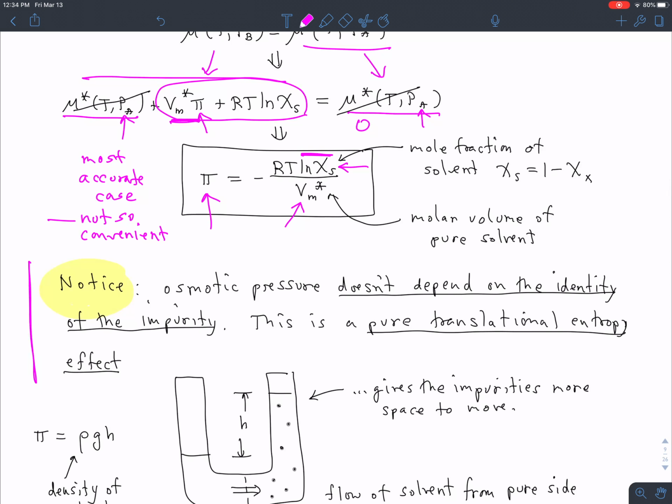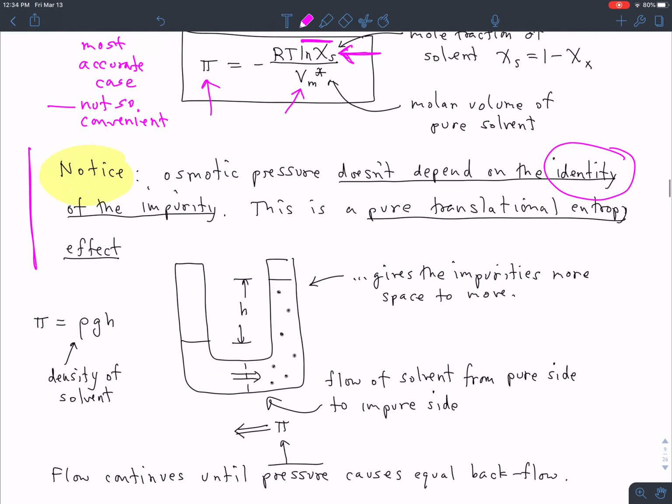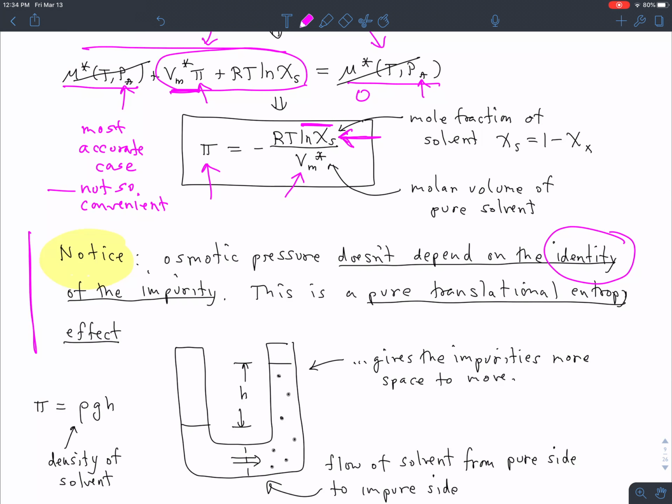This expression doesn't depend in any way on what the impurity is, and so all that matters is this mole fraction for the solvent, not the mole fraction for the impurity. What that's accounting for, indirectly anyway, is the freedom of translational entropy that's available for the solute, for the impurity itself.